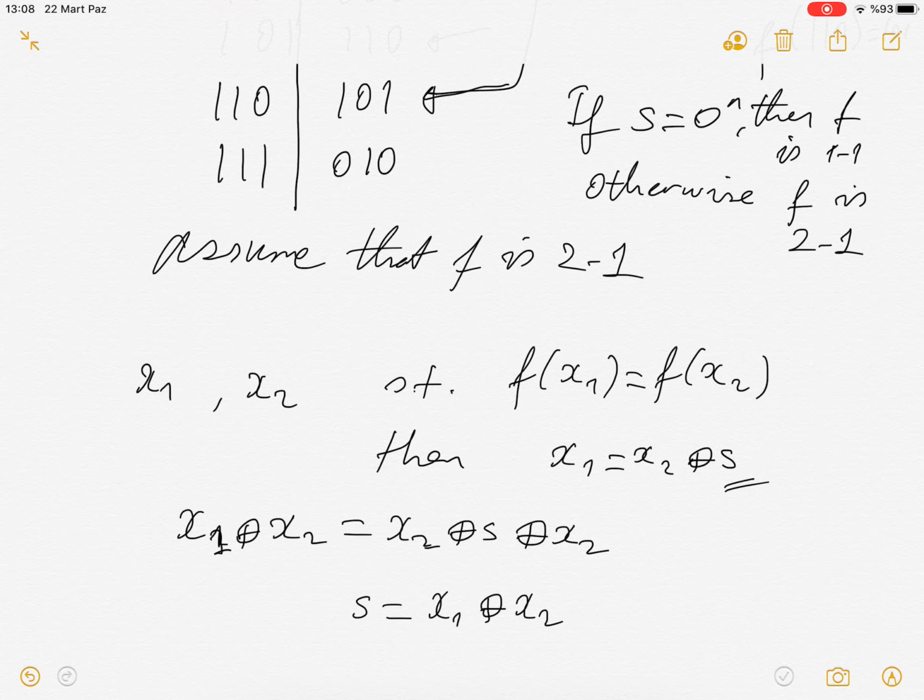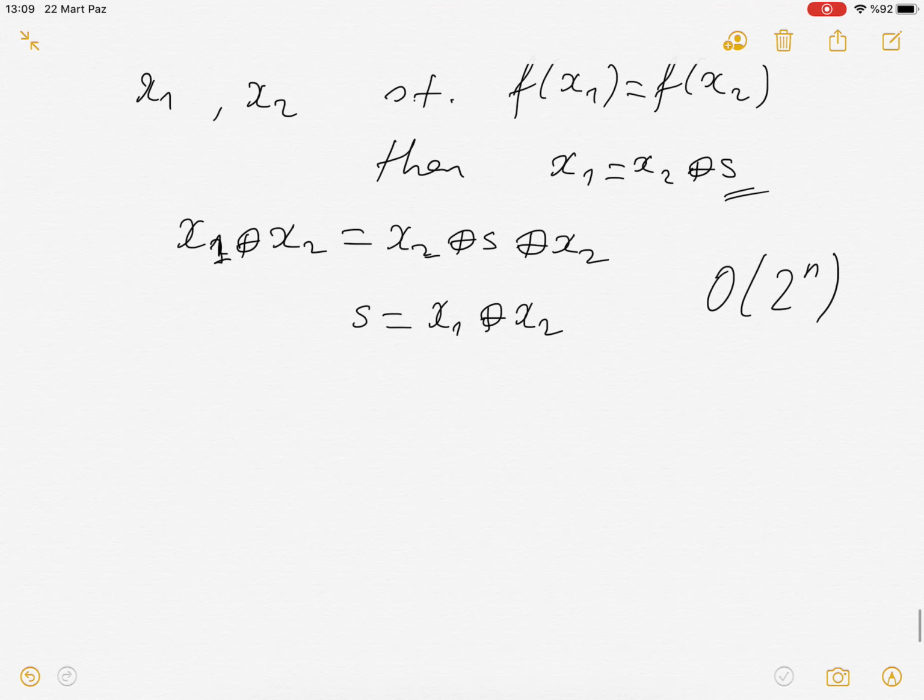If we evaluate the function on more than half of the strings and still cannot find a duplicate, then we know for certain that the function f must be 1-to-1, and so this period value s must be all zeros. So in the worst case, we need to evaluate the function for at least half of the inputs plus 1. So in the worst case scenario, it's on the order of 2^n, classically.